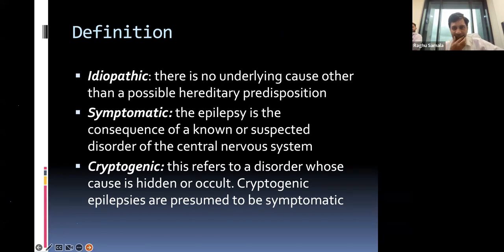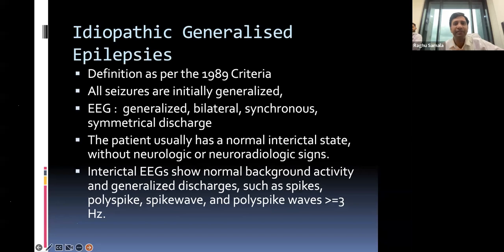So idiopathic generalized epilepsies, by definition as per the 1989 criteria: all seizures are initially generalized, and EEG shows generalized, bilateral, synchronous, and symmetric discharges. This generalized can be restricted generalized.